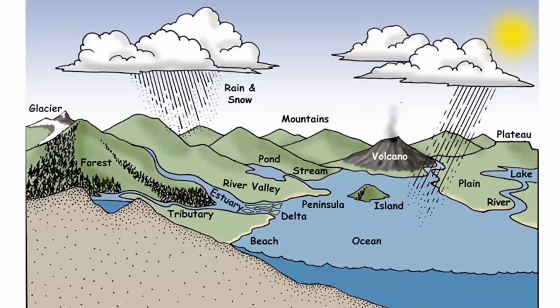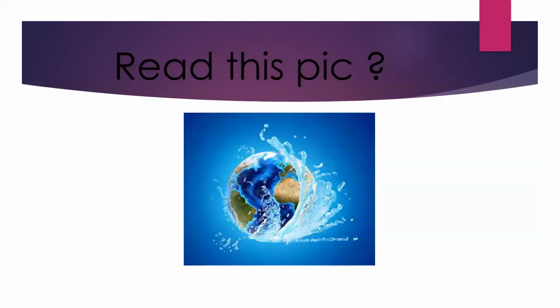So in the last lesson, we studied the land on the earth, like a mountain, like a plain. All of these shapes are land forms. So can you guess, Ala, today, inshallah, in lesson 3, we will study what on the earth?